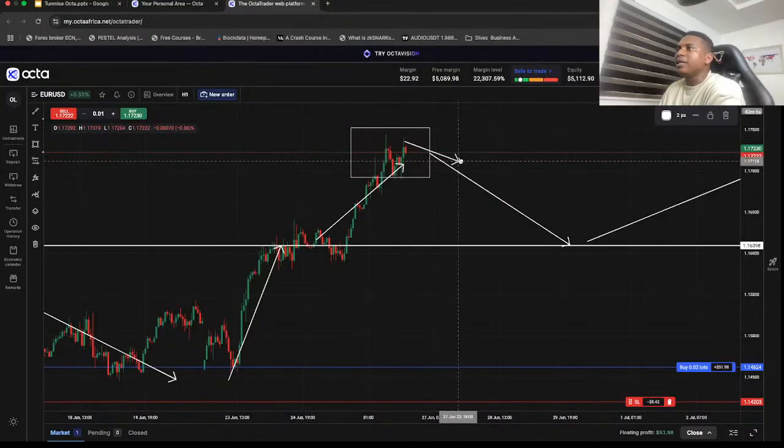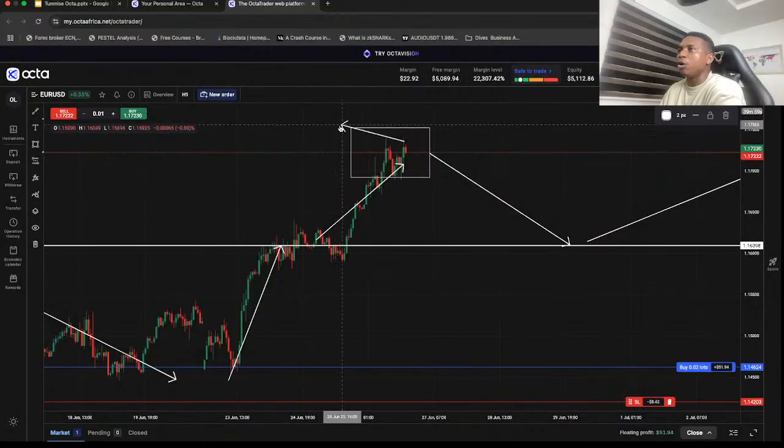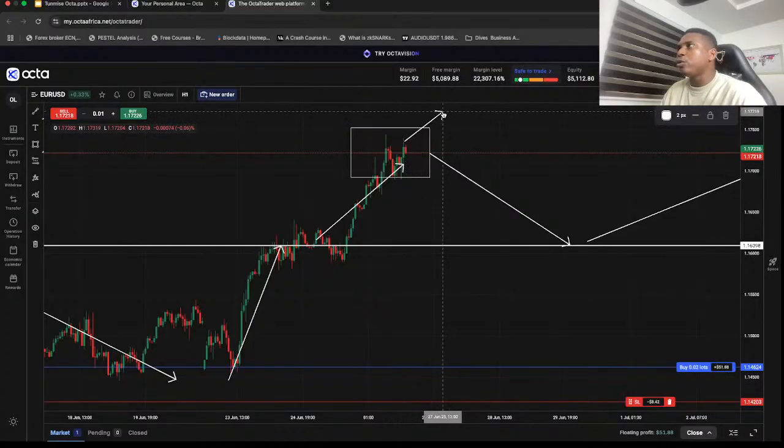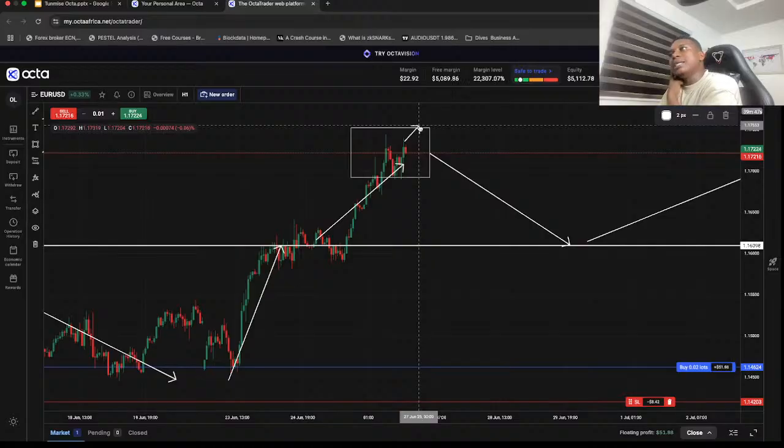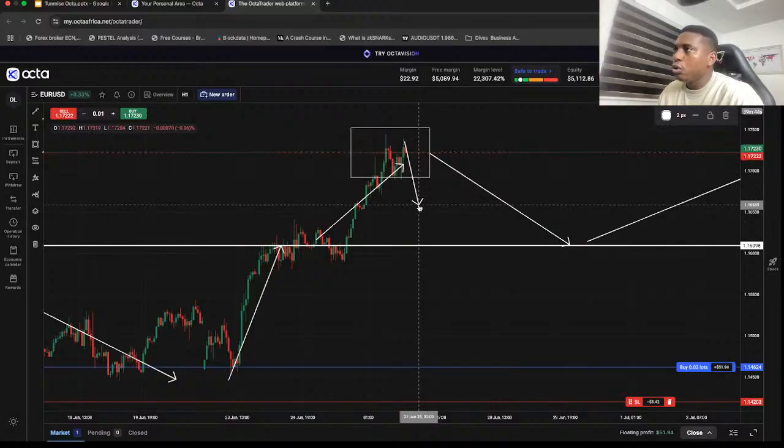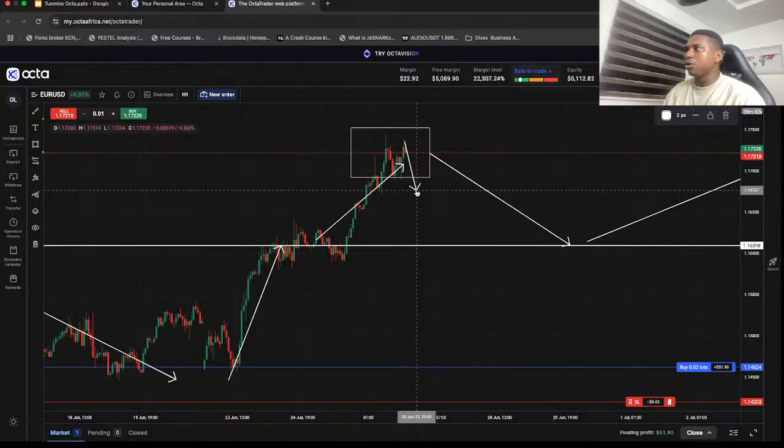So our decision on the trade relies on what happens outside this box. So if price breaks out of this box, then the buy position continues, and if price breaks below this box, the sell position continues. All right.